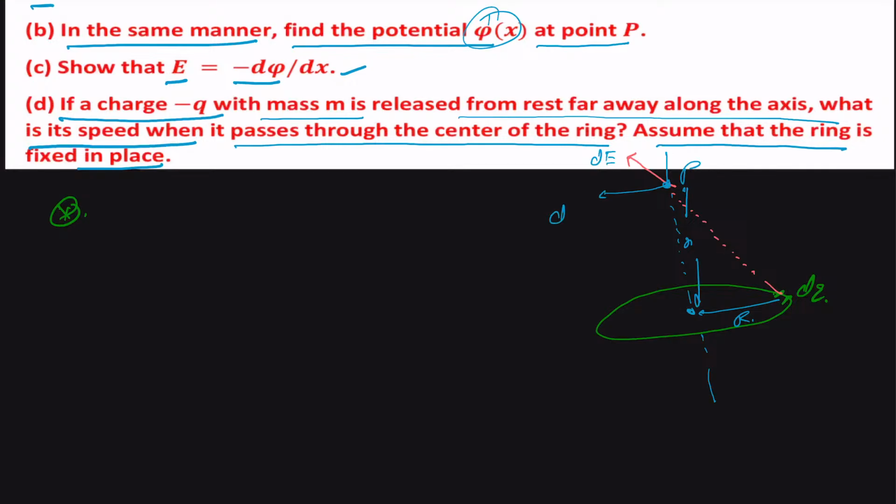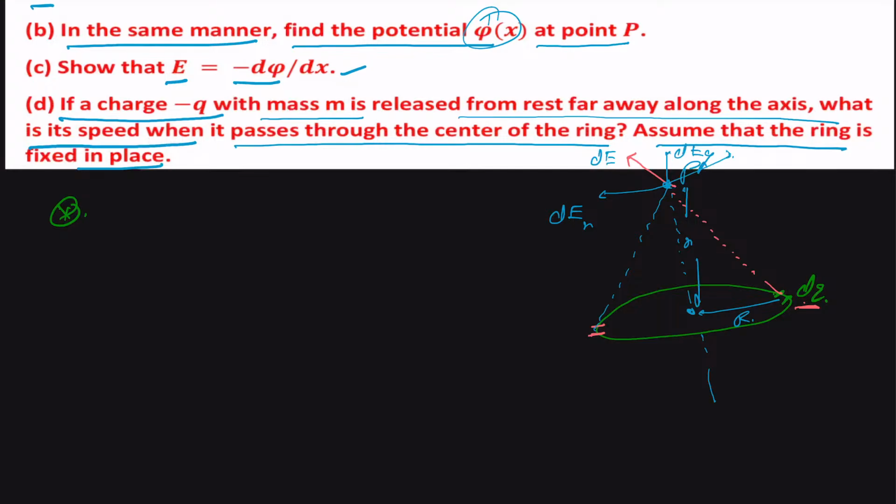So this component we can say is our x component and this is our y component. So there will be a symmetric element, you can see, which is having the same charge dq just opposite to it, and because of this the electric field at point P is, let us suppose, in this direction.